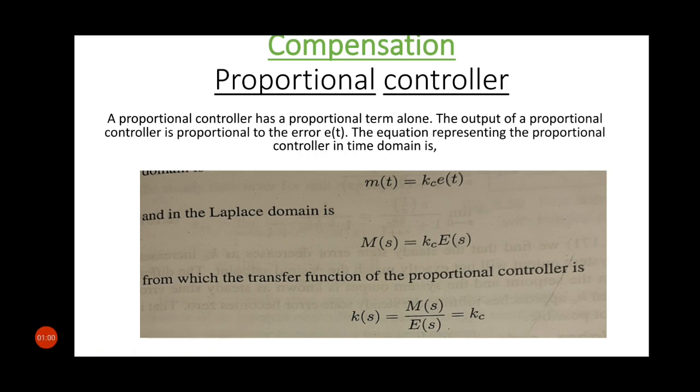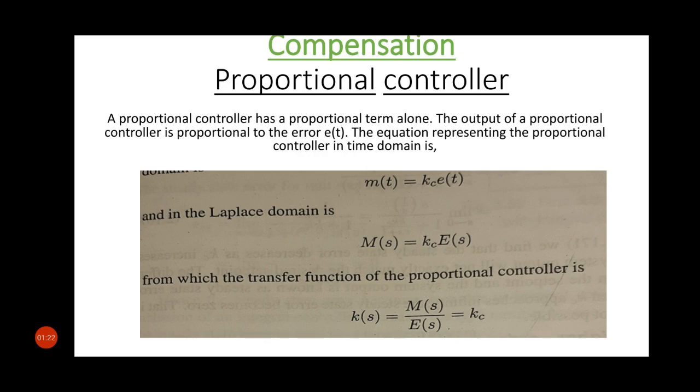An automatic control system is used to maintain its output within desirable limits by means of a control action. Any deviation of the output from the reference input is detected by an error detector.